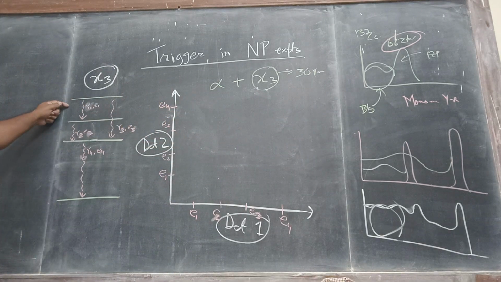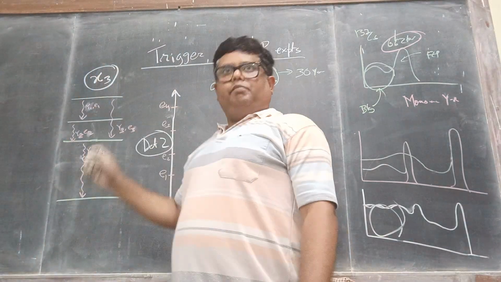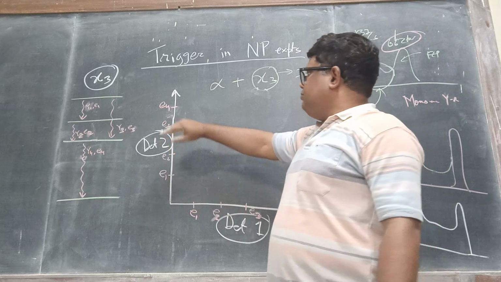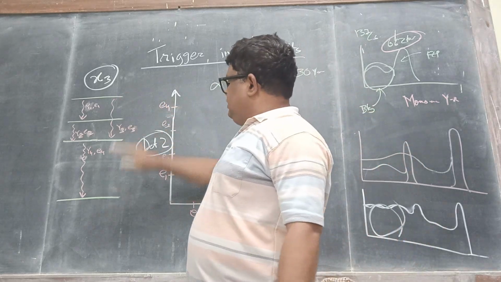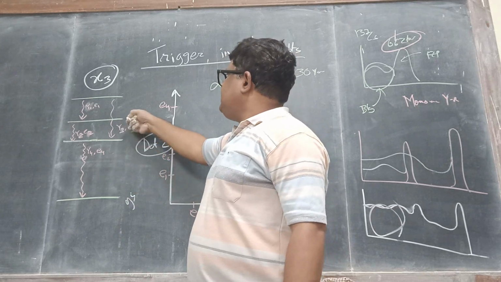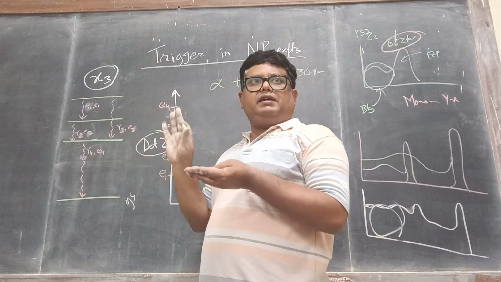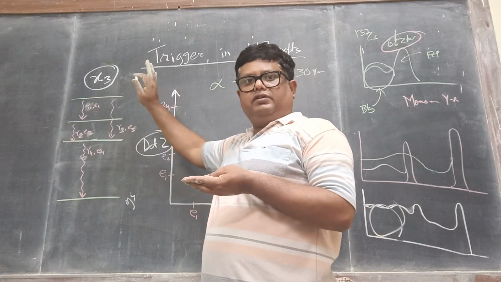Very basic structure. In a real-life experiment this doesn't happen, but for understanding this is good enough. So how many levels? This is the ground state, first excited, second excited, third excited. So I have considered only 3 excited states for the X3 nucleus.